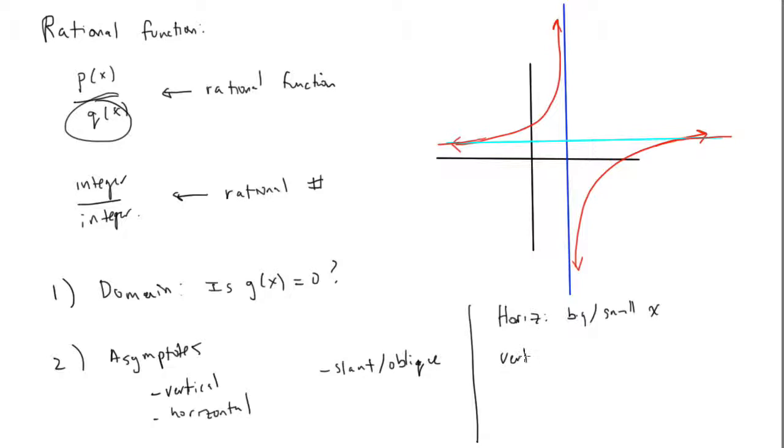And then the vertical is whenever your function values, oops, not 8, infinity, whenever your function values start blowing up to plus or perhaps minus infinity. So on our picture here, that would be the blue line, because the y values are just going up without bound as the x coordinate gets close to whatever this is here. All right, so in the next slide we'll look at a quick example.